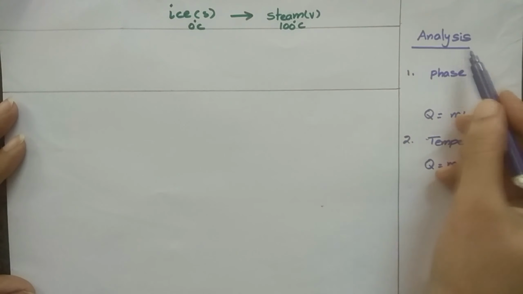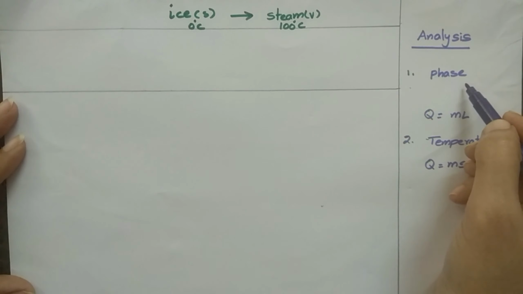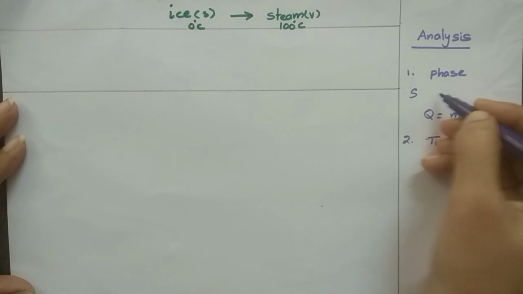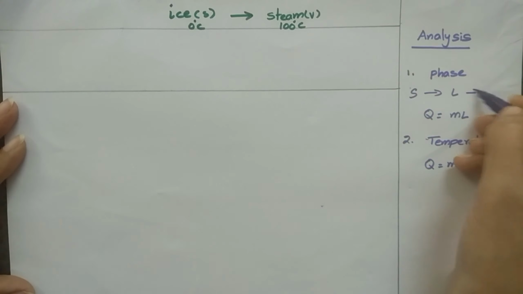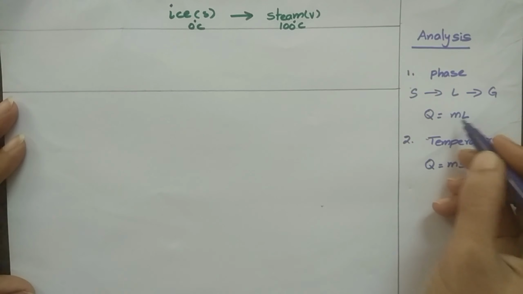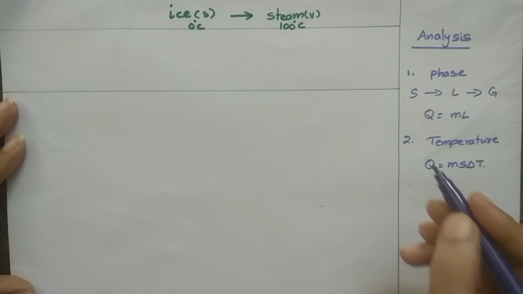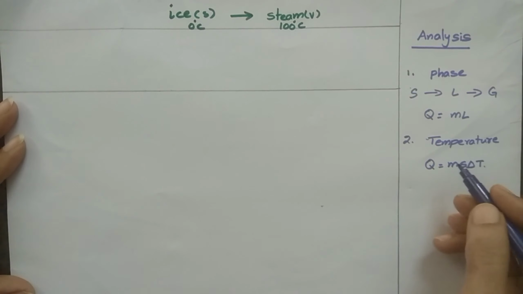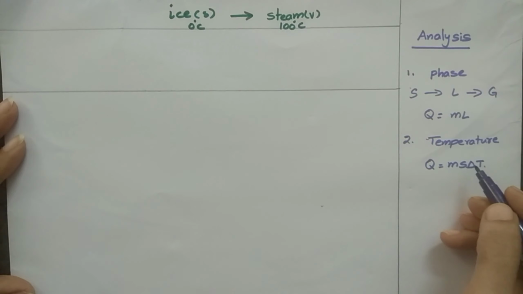As far as the analysis, we have discussed phase change from solid to liquid or liquid to gas or vice versa, gas to liquid, liquid to solid. We use the formula Q = mL, where L is latent heat. And the second one is temperature change. We use Q = mSΔT.